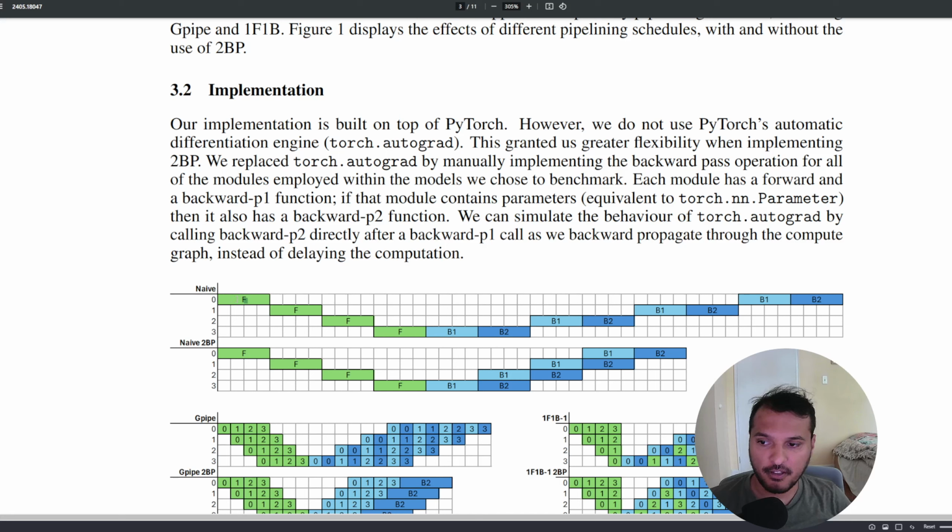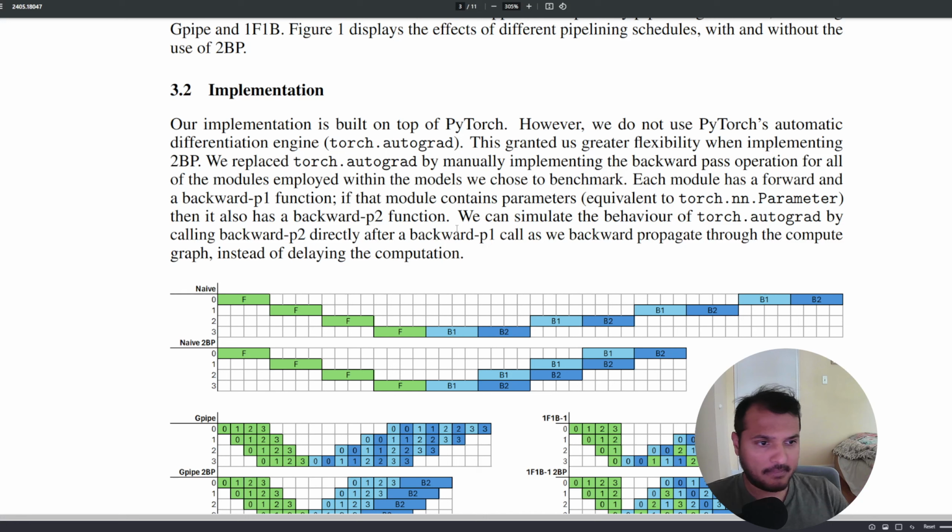So for example, here, let's say there are 4 GPUs, so the model is split into 4 parts. When we do a forward pass, forward is computed on the first GPU, and the activations are passed on to the second one, which does its forward, and then to the next one, and to the next one. And then backward passes take place.